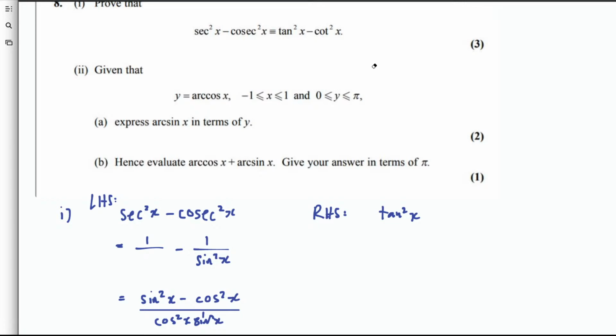Let's try that. Sec squared equals 1 plus tan squared. Oh yeah, maybe that would be easier.